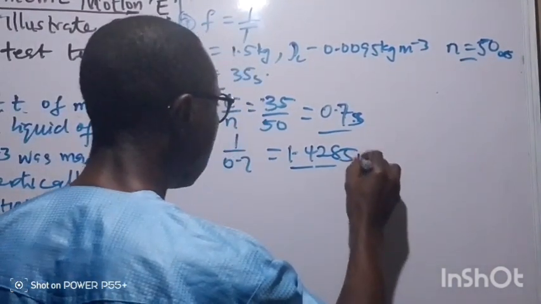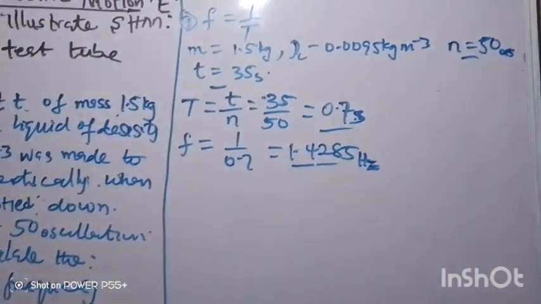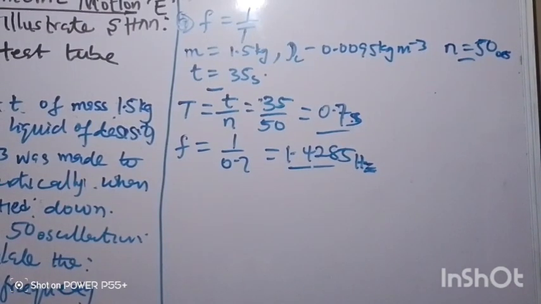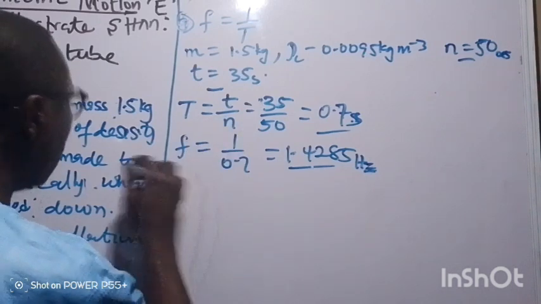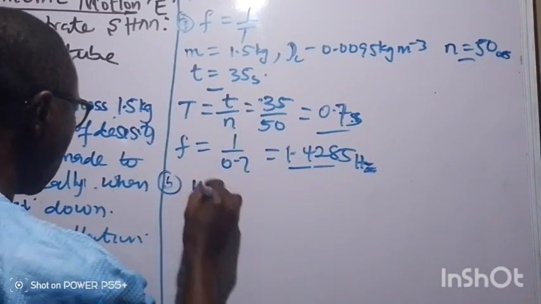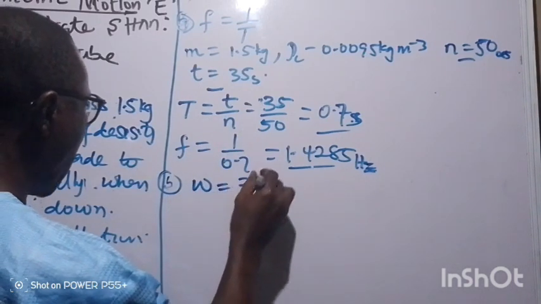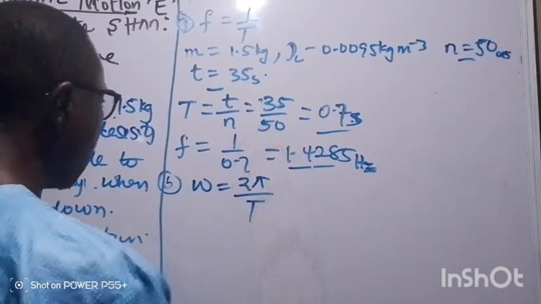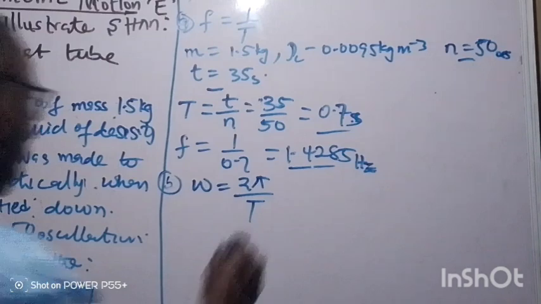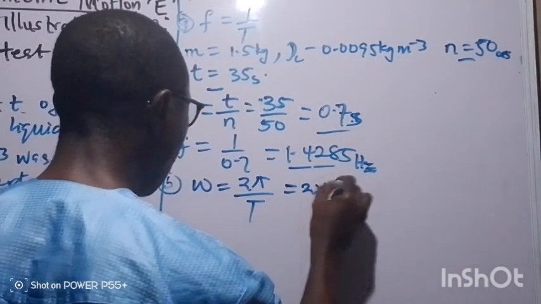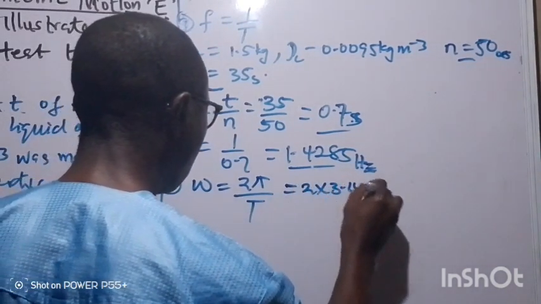To calculate angular velocity from the parameters given on the board, omega will be equal to 2 pi over capital T. So we can now say that is 2 multiplied by 3.142 divided by 0.7.